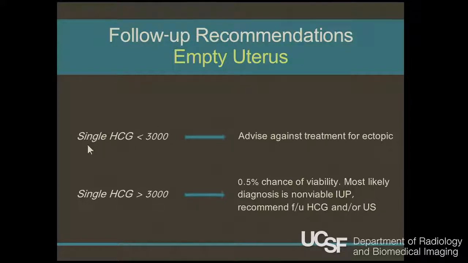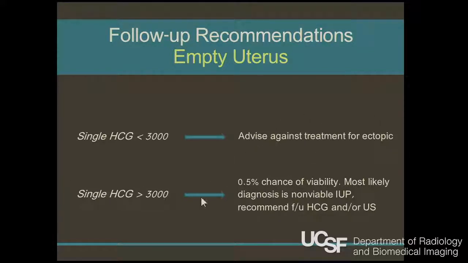So just so you know, we used to use 2,000 as the beta discriminating factor. It's been up to 3,000. The reason being is they were treating people for ectopic with methotrexate that had an early IUP, and now you've got a disaster on your hands because you've got this baby that's now growing, but it's been exposed to methotrexate, and that's really bad. So if you have a single beta less than 3,000, they advise against treatment for ectopic.